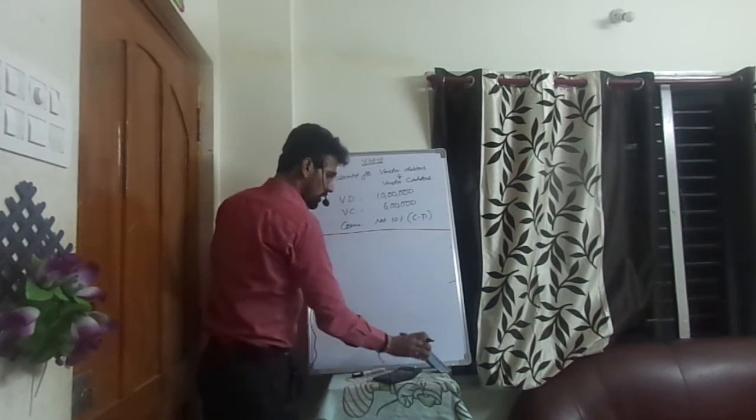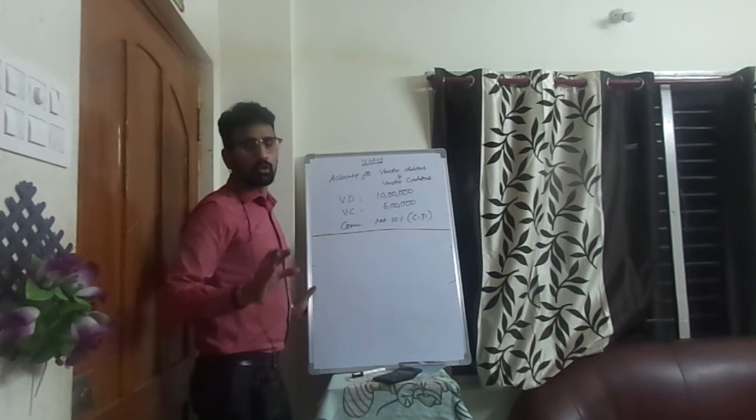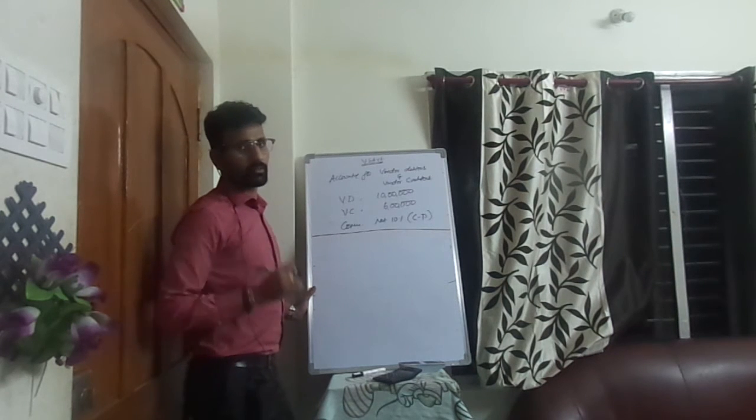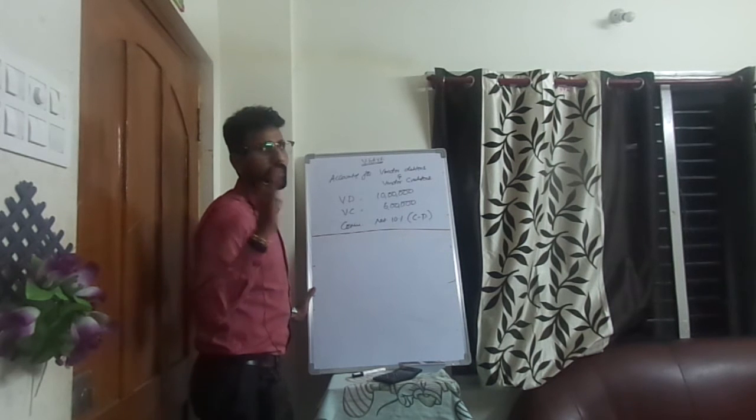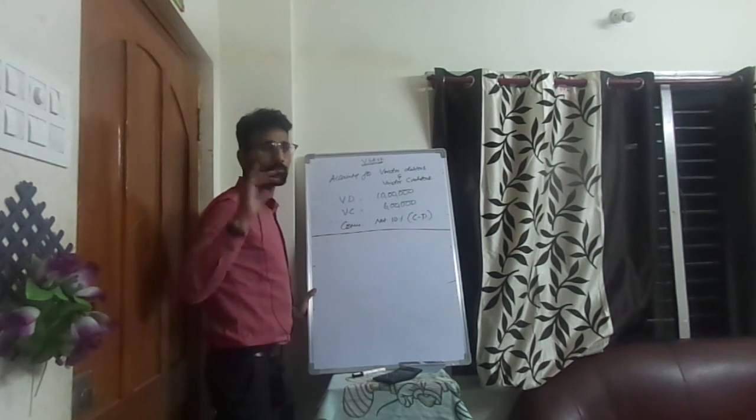Assume 5% you gave as a discount to debtors and another 5% of debtors proved to be bad. So total loss is 10%.